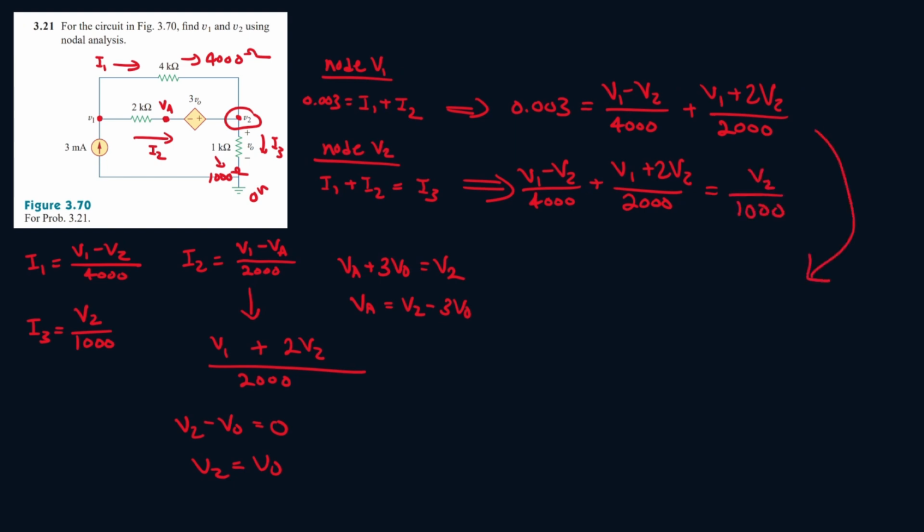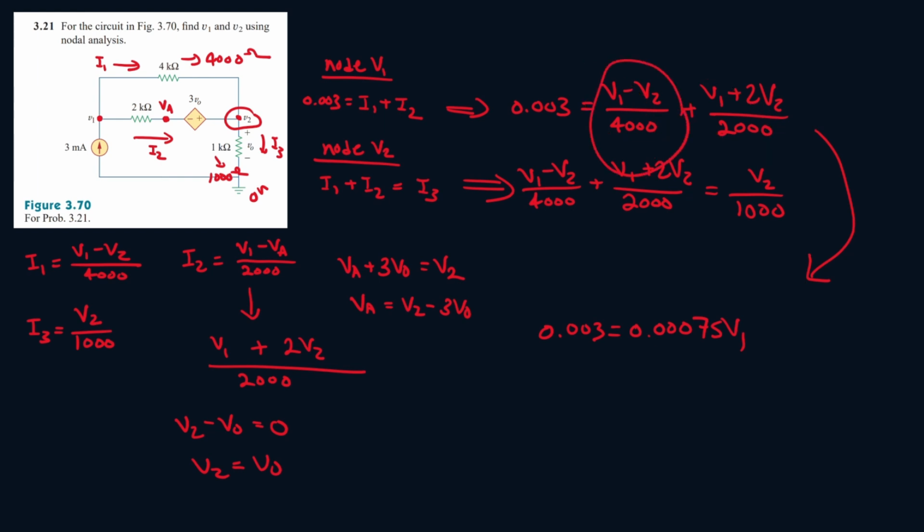Now let's bring this over here. Let's try and break everything down more. Alright, so V1 over 4,000 plus V1 over 2,000. Let's see what that gives me. That gives me 0.00075 V1.